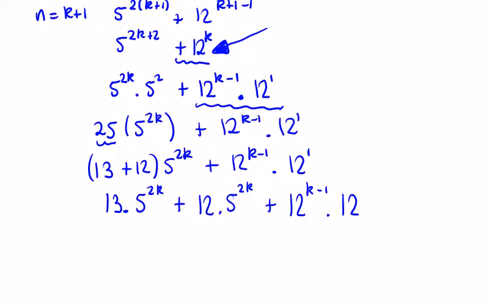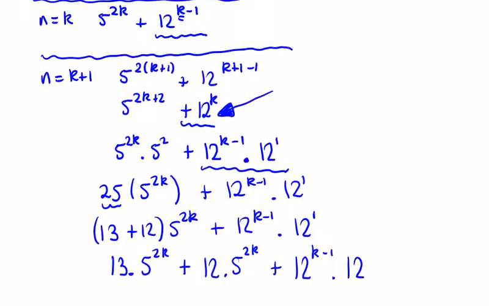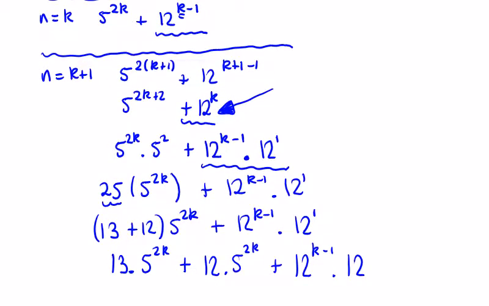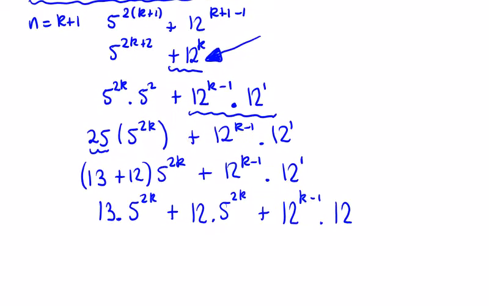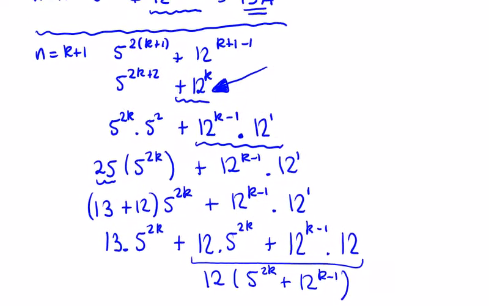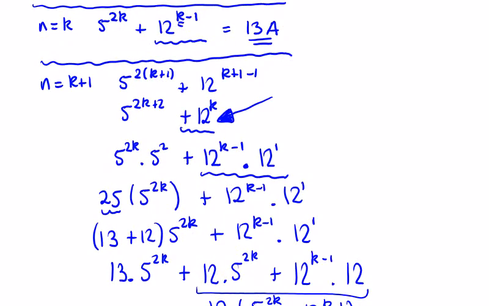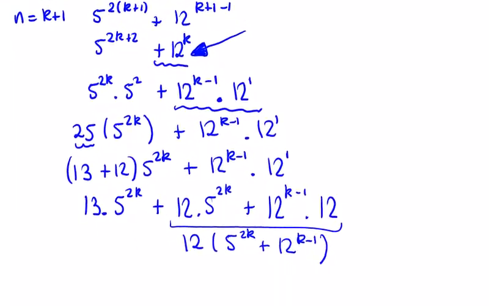So what can I do here? I want to get back to my assumption, which is 5 to the power of 2k, and we can say that that's going to be equal to 13 times a number. So let's see where I can get that from. So if I factor out my 12 from these guys, if I take 12 outside, I'm going to have 5 to the power of 2k plus 12 to the power of k minus 1, which you can see is my 13a.